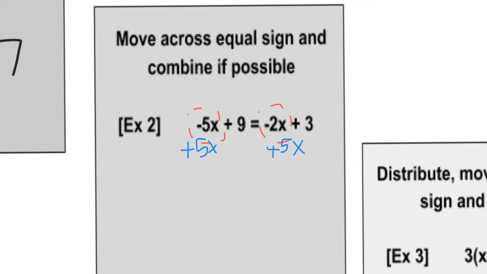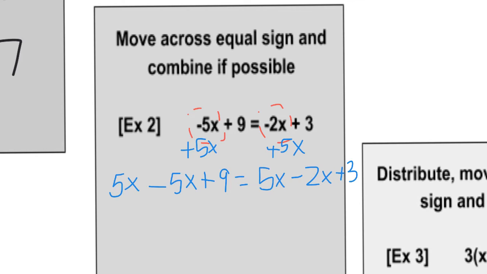I have negative 5x plus 9 plus 5x is equal to negative 2x plus 3 plus 5x.